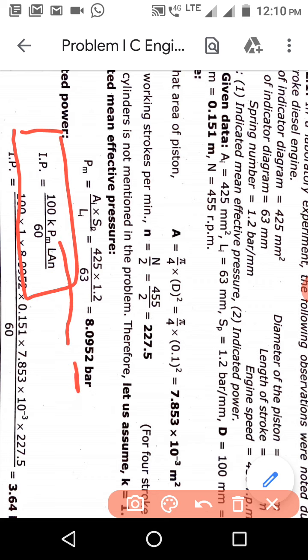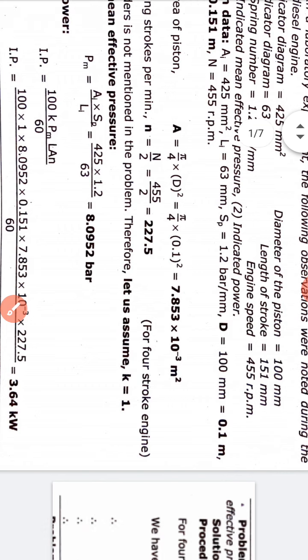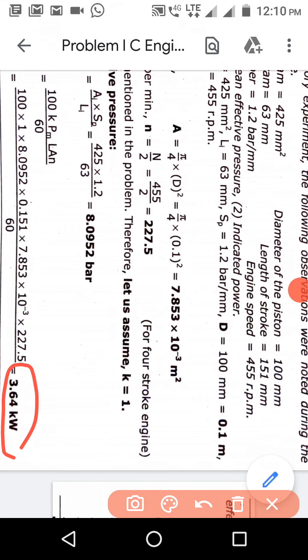Whenever the mean effective pressure is given in bar, you have to use this formula, that is equal to 100 into K into PM into L into A into N divided by 60, and this you will get in kilowatt. So the indicated power will be in kilowatt, and you are getting the answer over here.